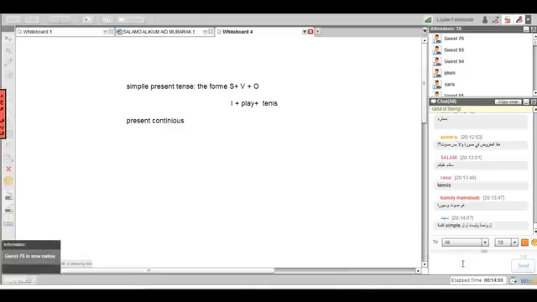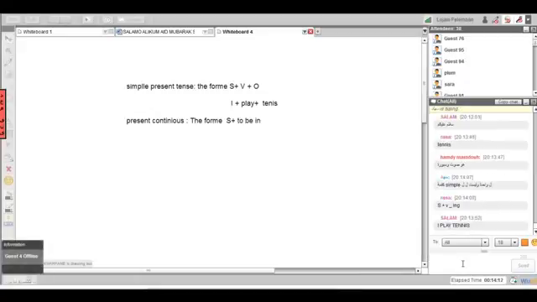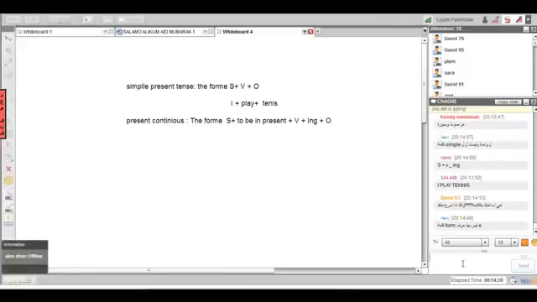Example: I plus the verb play plus the object tennis. Okay, and afterwards, as I say, we shall deal with present continuous.